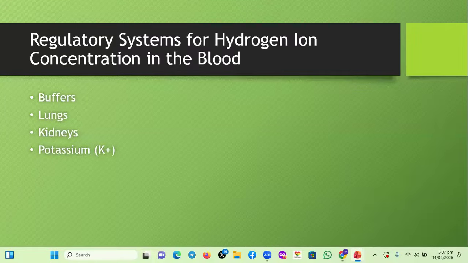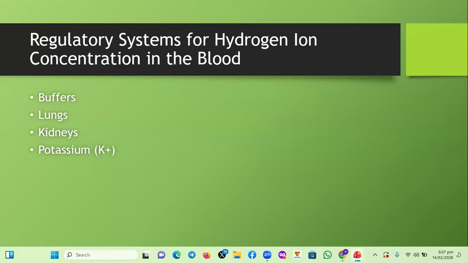Okay. Then another thing that also helps to regulate hydrogen ion is potassium. We know what potassium is. Potassium is an electrolyte. Potassium will not remove hydrogen ion from the body as the lungs and the kidneys will do, but it exchanges with the hydrogen ion.